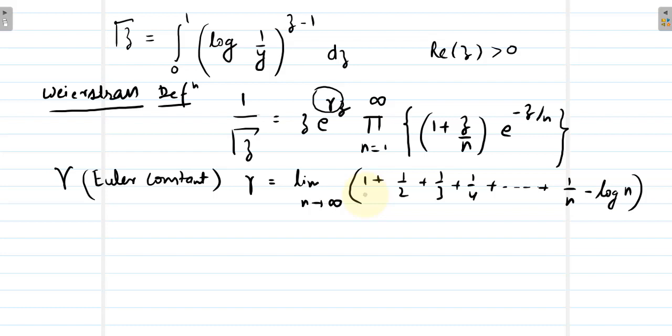So actually gamma is nothing but the limit of this sequence. But in order to prove that this gamma really exists, and also in order to find in what interval this Euler constant will belong, we need to prove the convergence of the sequence.